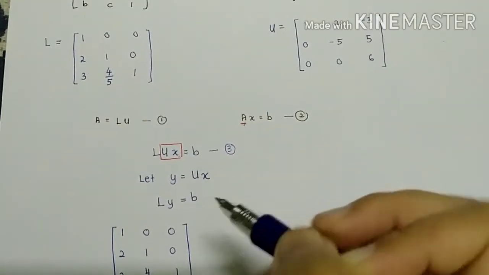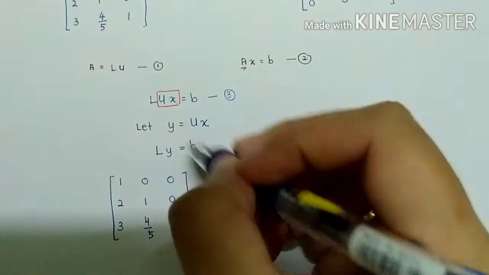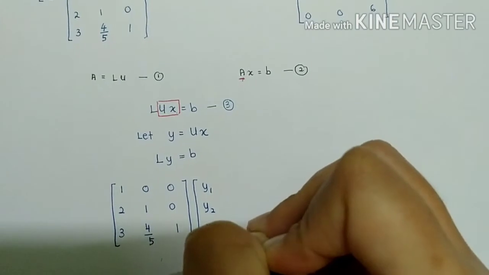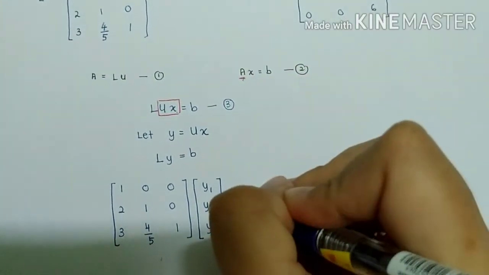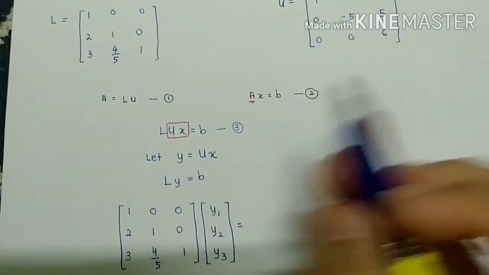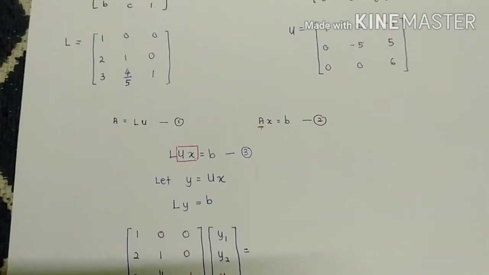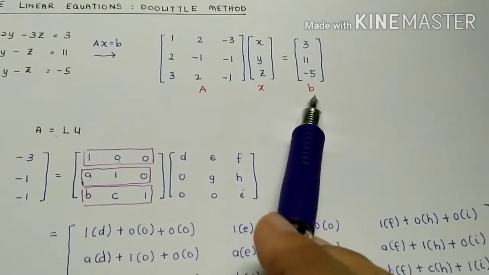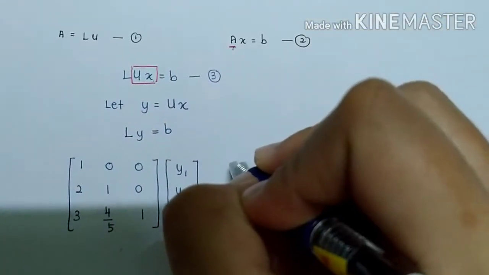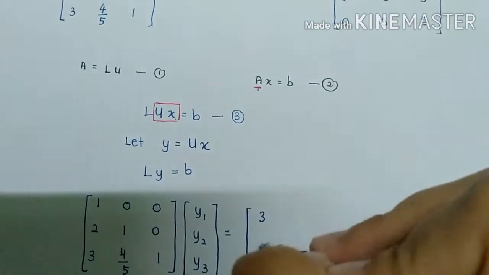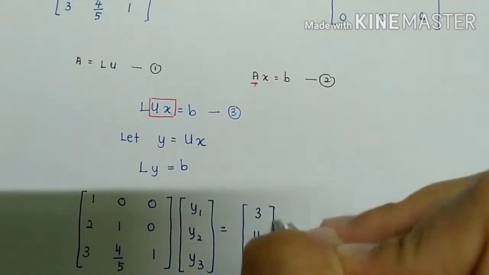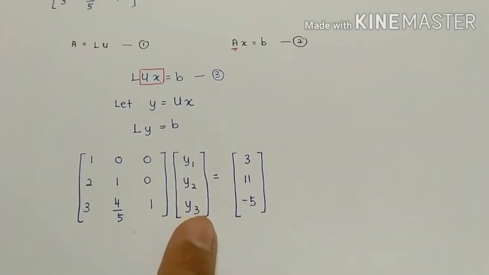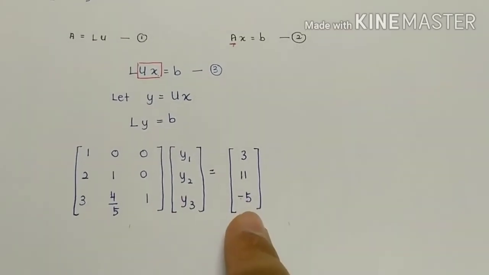So this is matrix L. And matrix Y is just Y1, Y2, Y3, equals B. Matrix B is from the first step, AX equals B. So this is our matrix B: 3, 11, negative 5. So we substitute here. We must multiply matrix L and matrix Y, and then it equals matrix B.